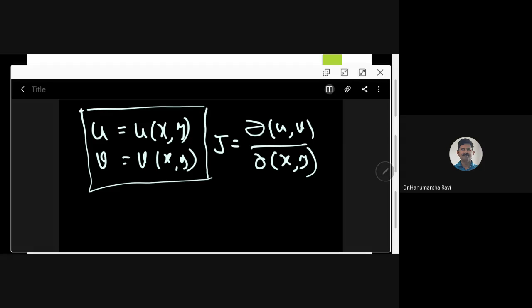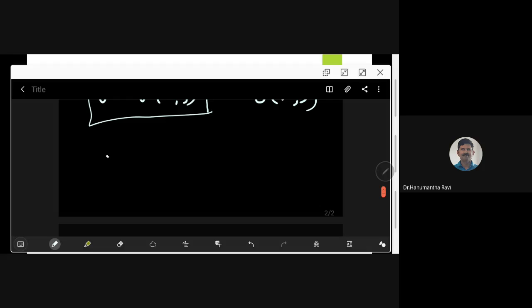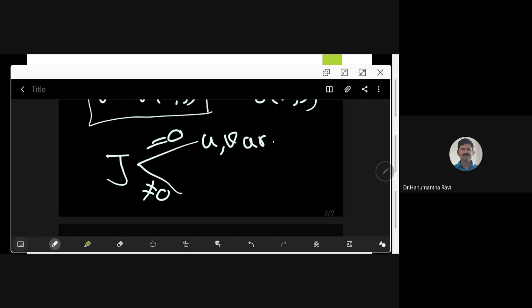So there are two possibilities now. This j can be equal to 0, and the other one is not equal to 0. If j is equal to 0, that is the determinant is 0, then we say u comma v are functionally dependent.